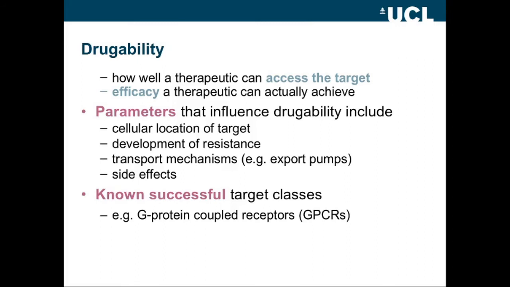So if we're interfering with a particular protein which leads to our solving our problem, but also leads to severe side effects, then that's clearly not going to be a very good drug. So one way of ensuring drugability, of course, is to use known successful drug target classes, as I mentioned before, such as the G protein coupled receptors.